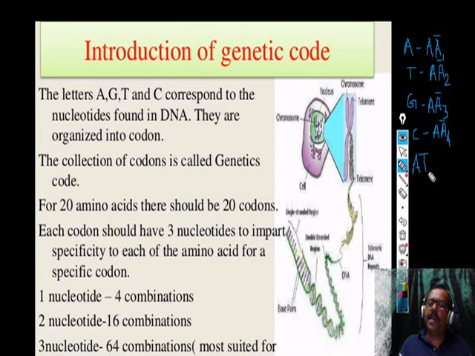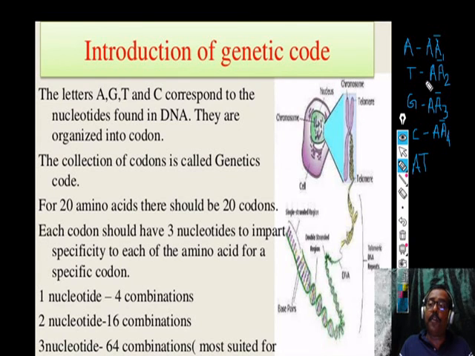For 4 bases taken two at a time there will be 16 combinations. But there are 20 different amino acids, so 16 combinations will not fulfill the demand.